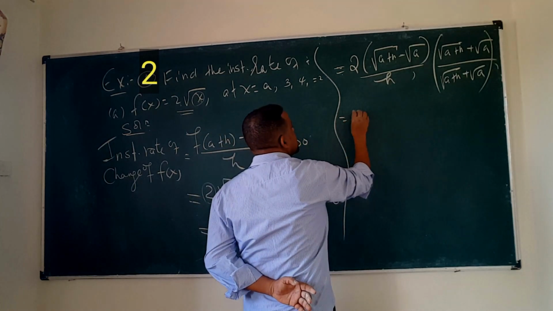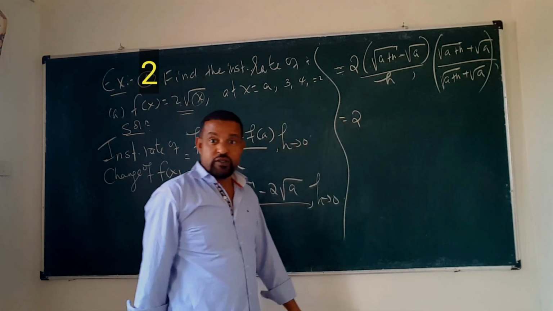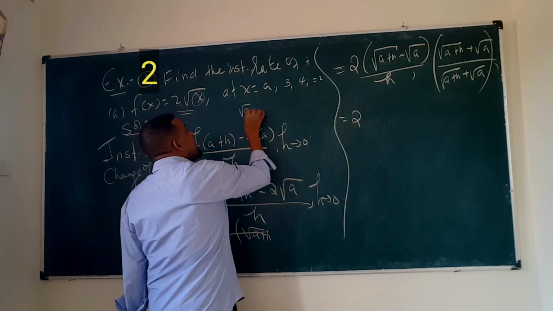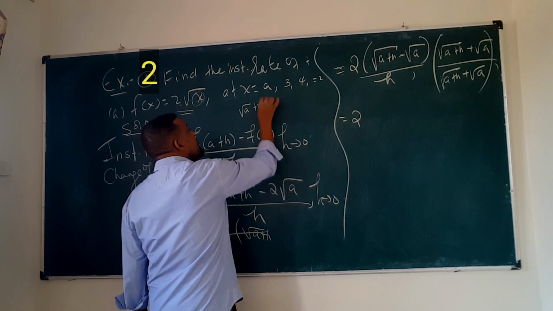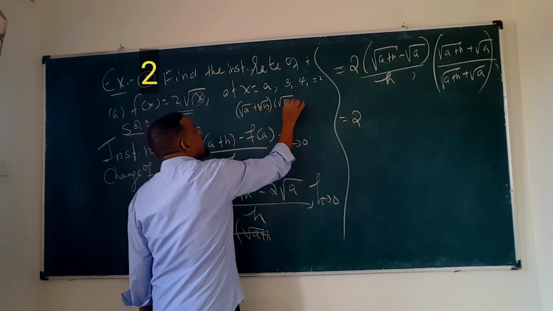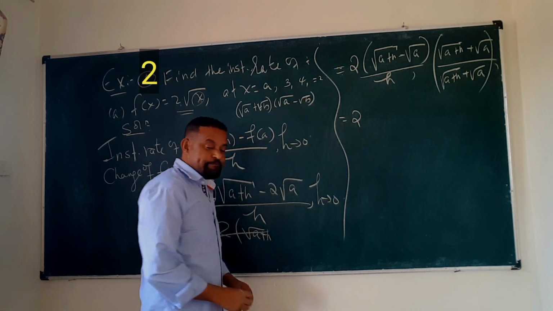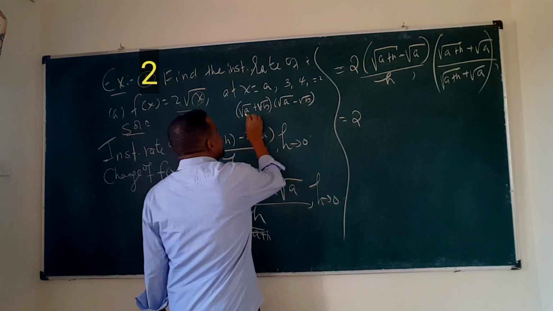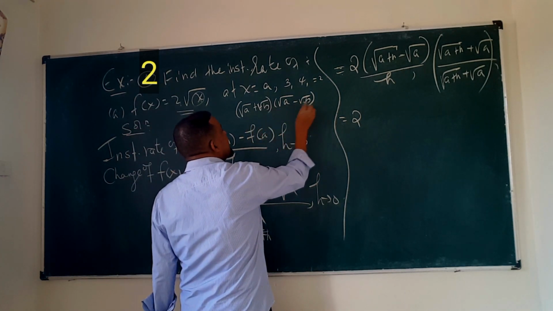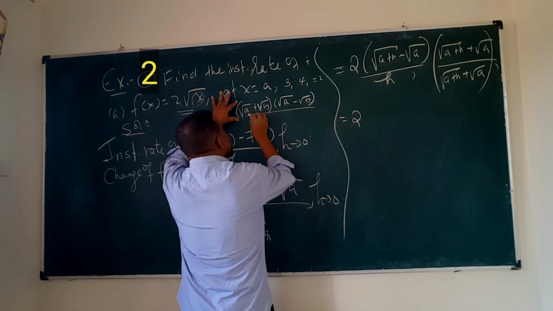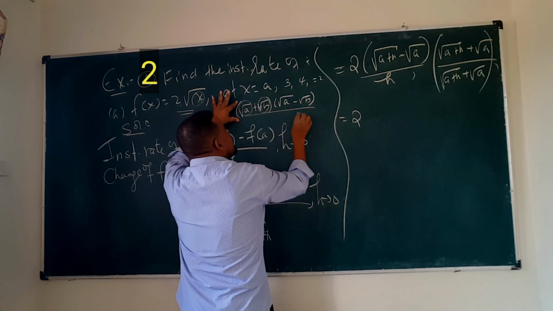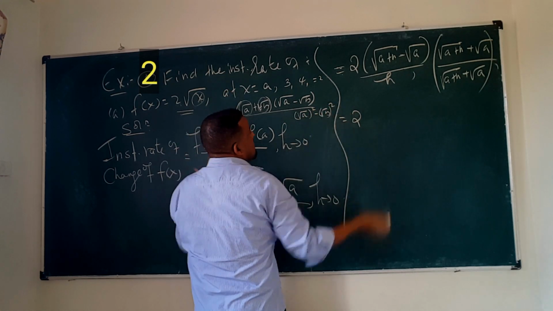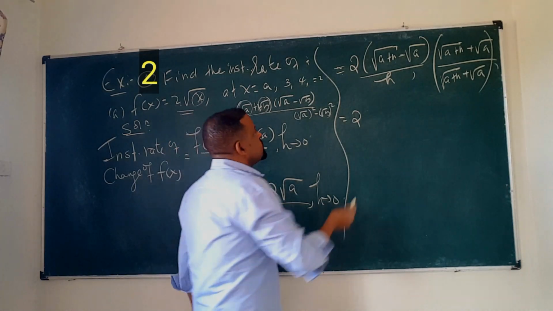Look at the top: in grade 9, radical a plus radical b times radical a minus radical b, by the difference of two squares formula, is radical a the whole squared minus radical b the whole squared.